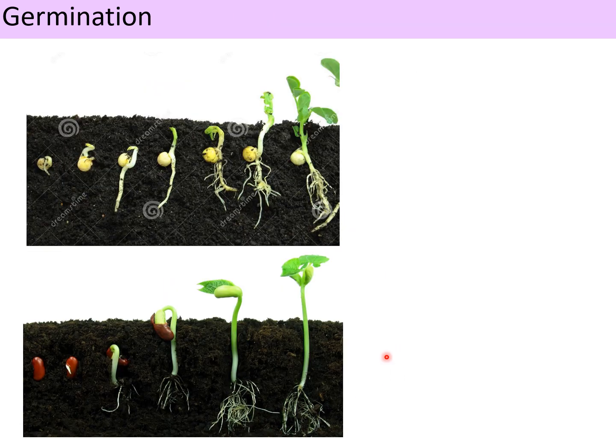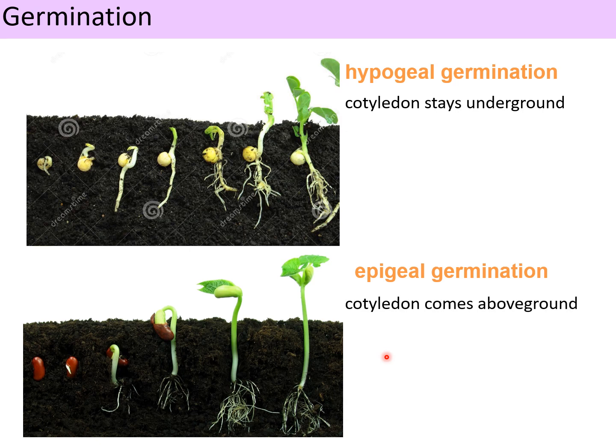Seed germination is the basic process of a new plant emerging from seeds under appropriate conditions, including water, sunlight, oxygen, and moderate temperature. The type of seed germination depends on the position of the cotyledon during germination.